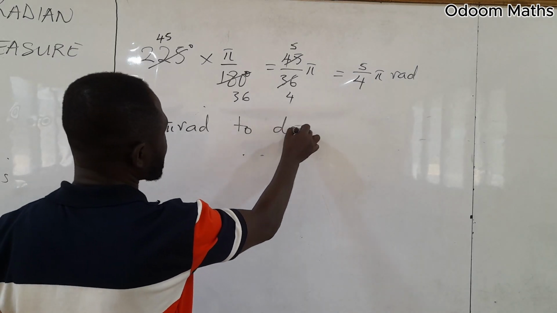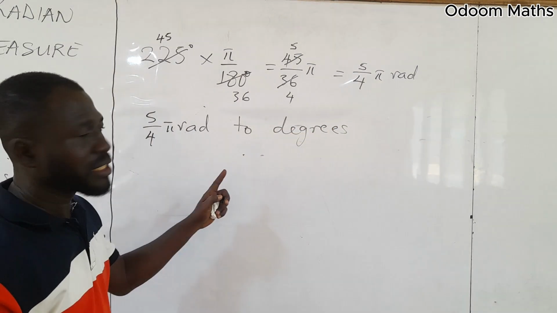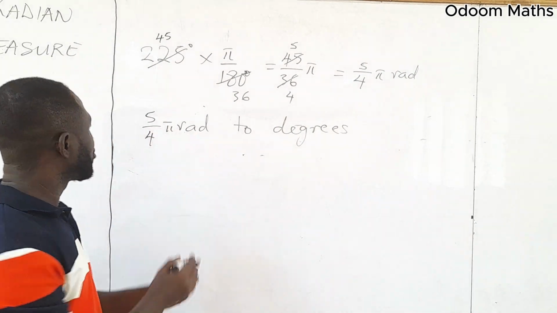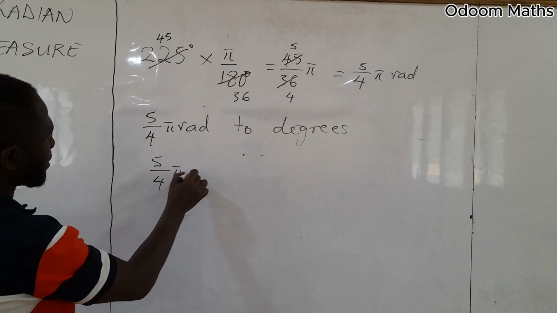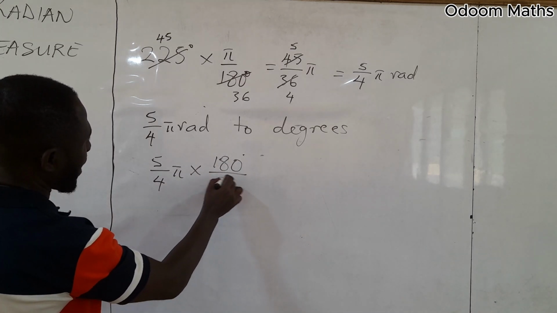We multiply this by 180 over pi. So 5 over 4 pi times 180 over pi.